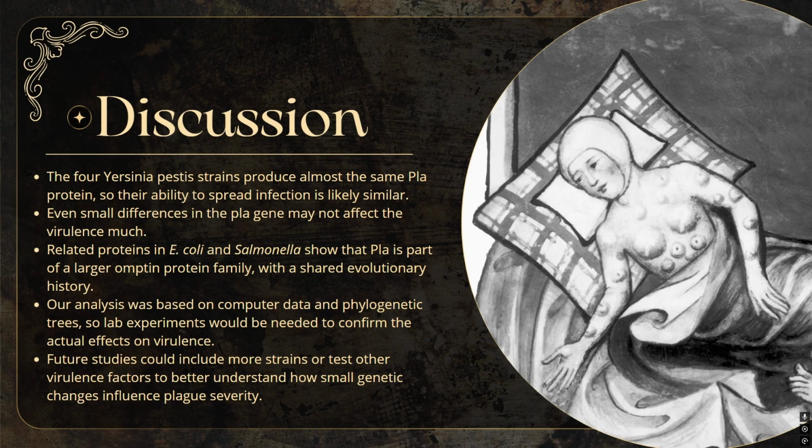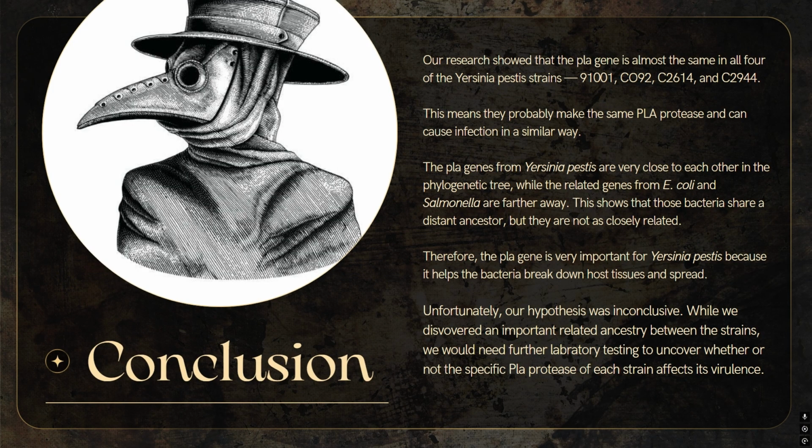However, even though our findings show strong genetic similarity, our hypothesis ended up being inconclusive. We could confirm evolutionary relatedness and conservation, but we couldn't determine whether the small differences we did observe actually influence virulence.